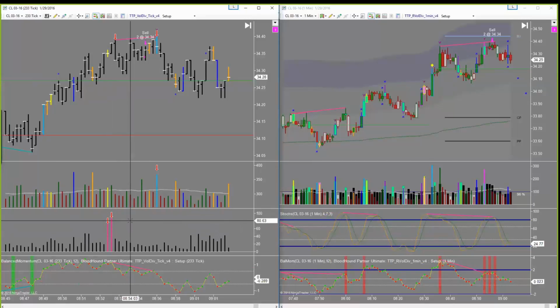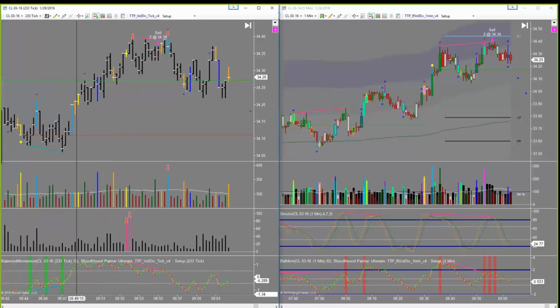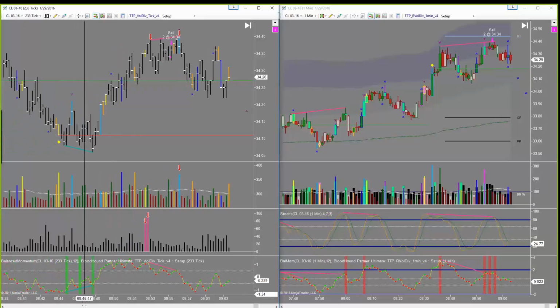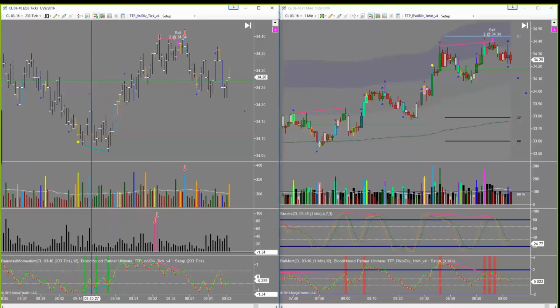And you'll typically see that at major turning points throughout the day, which is essentially showing you that you've got a ton of market orders coming in, and typically stops are being run, where you just have a lot of excitement, typically climactic action.